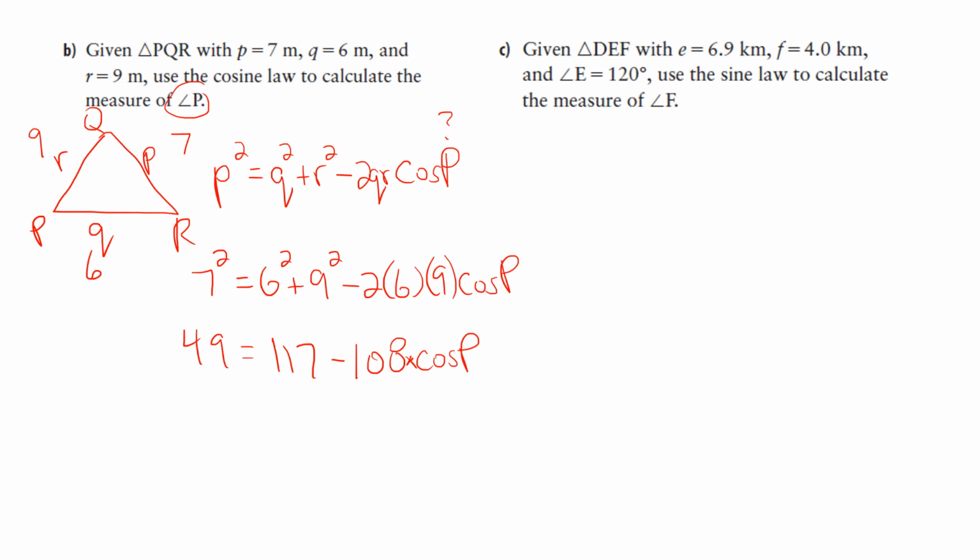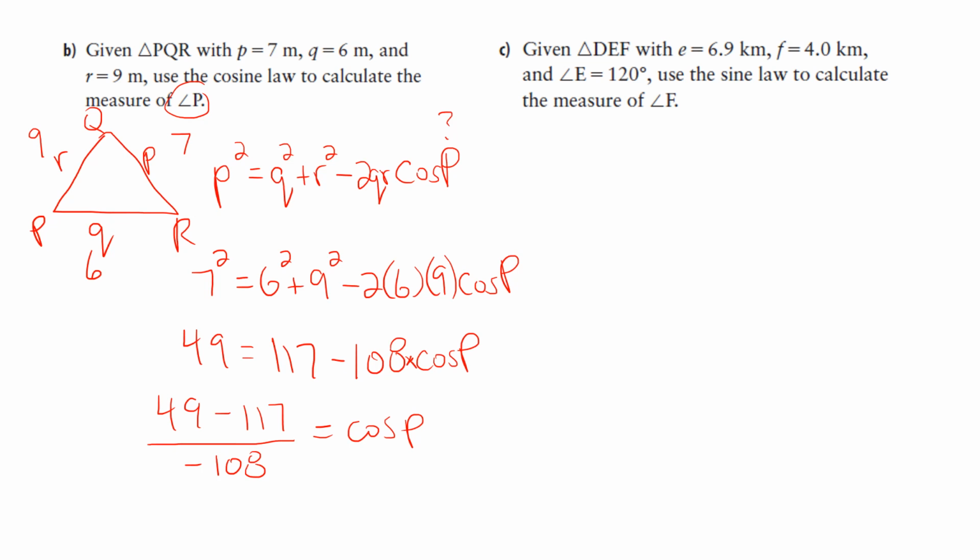So we're going to go 49, take away 117, and I'm going to write this in one step just to speed things up, divided by negative 108. So that undoes those two values and leaves us with cos of P. Now when you go 49, take away 117, make sure you either use brackets or hit equals before you divide. We want to make sure the BEDMAS rules are followed.